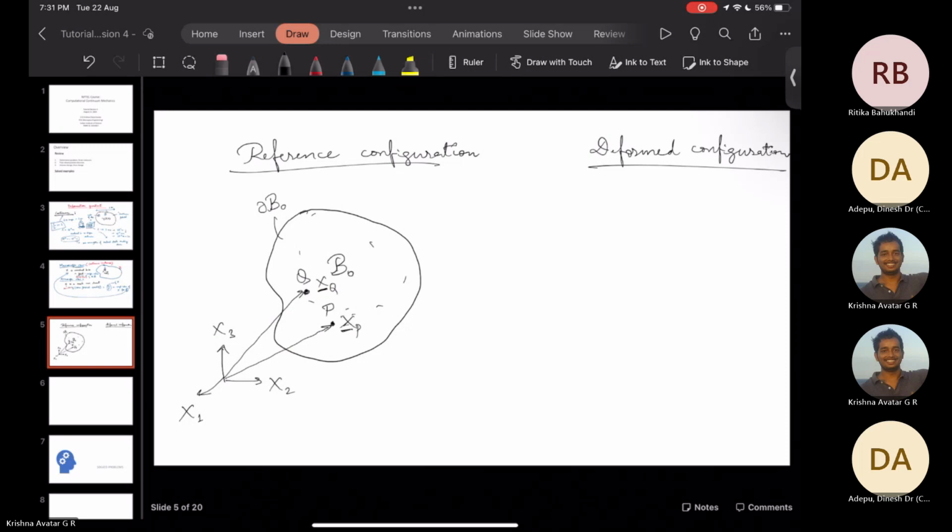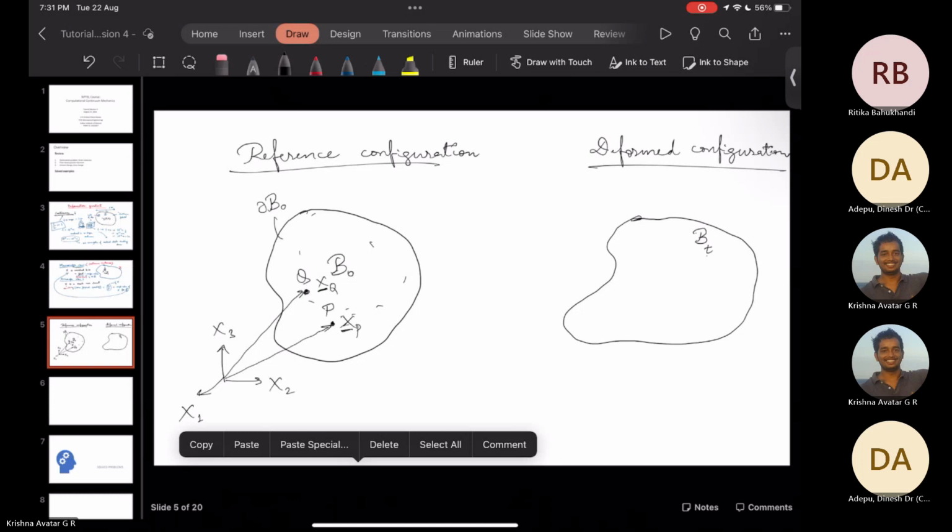Now say we have applied some force to it, then it deforms into another shape, and now the body is designated with the symbol B_T. T here simply implies that it's at some other time, because deformation always takes place with respect to time, isn't it? So here again, after deformation, let's consider this point P.